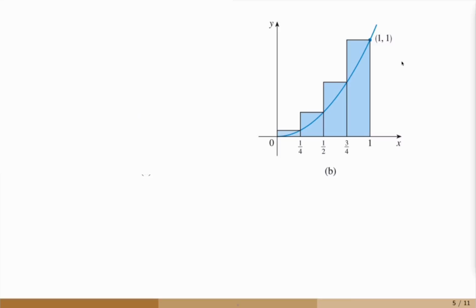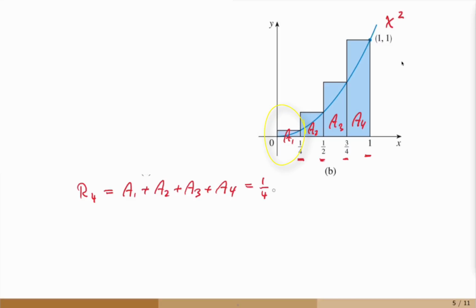Let's compute this actually. Let's see what values we get. So here I do the same thing, but now I have these intervals 0 to 1/4, 1/2, 3/4, and 1. And so then these are my little areas, A1, A2, A3, A4, and then I can compute. So R4 is A1 plus A2 plus A3 plus A4, and so A1 has the baseline 1/4, and the height is the function x squared evaluated at 1/4.